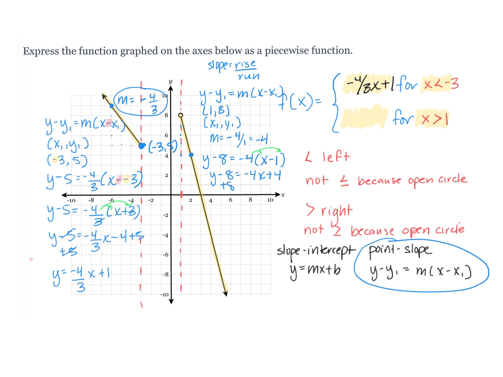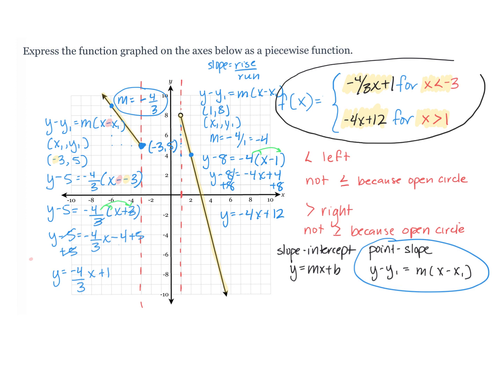And then add the 8. And that's the equation that we're going to put here. Negative 4x plus 12. So at this point, we have our piecewise function written. So this right here is the piecewise function that is written for the picture of the graph that we had.